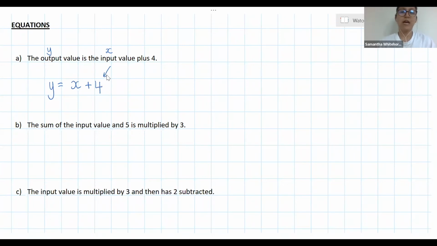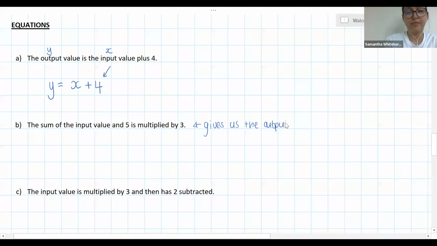Who would like to have a go for B? It says the sum of the input value and 5 is multiplied by 3. That will give us the output. So it's y equals, and then we want to write an expression for what is happening to x.